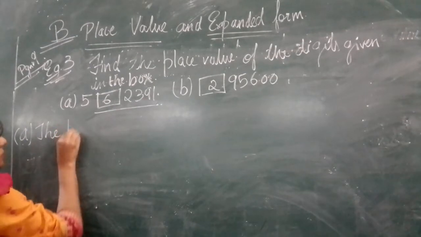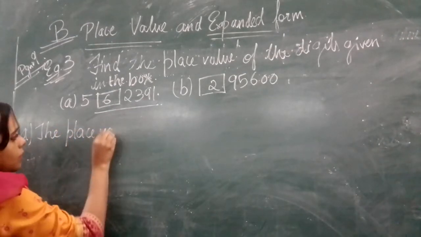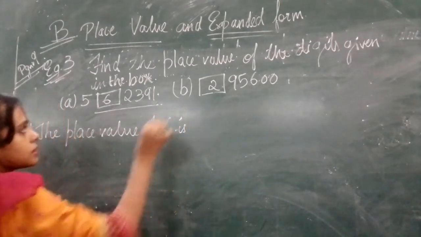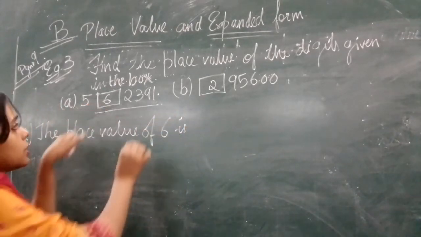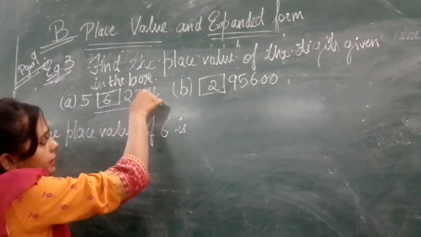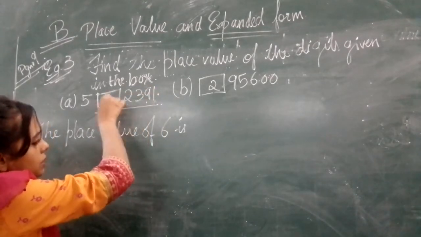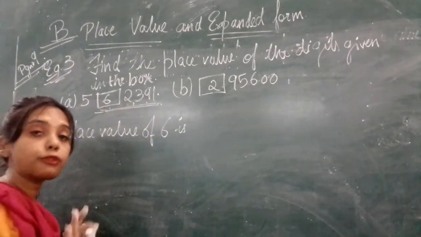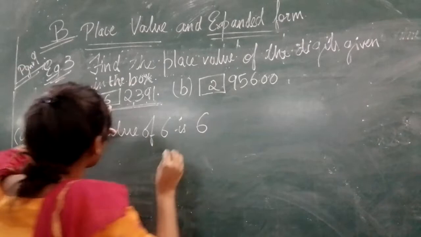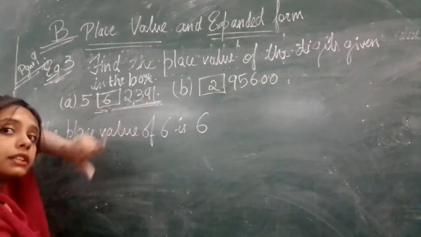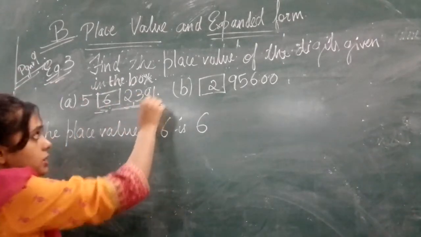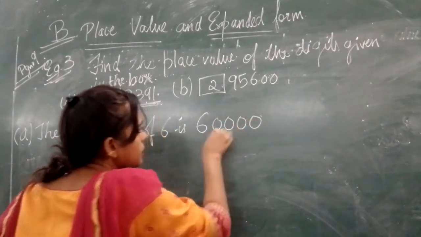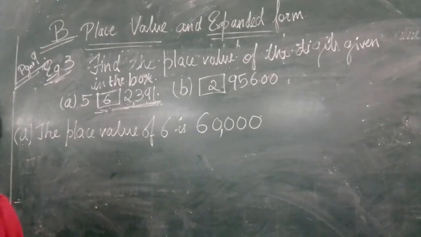The place value of 6 is, you will write 6, look here, unit, tens, 100, 1000, 10,000. So it is 60,000. The place value of only 6. You will write 6 here, and then as many digits remaining, as many zeros. So 1, 2, 3, 4, and again put comma. It is 60,000. Understood?